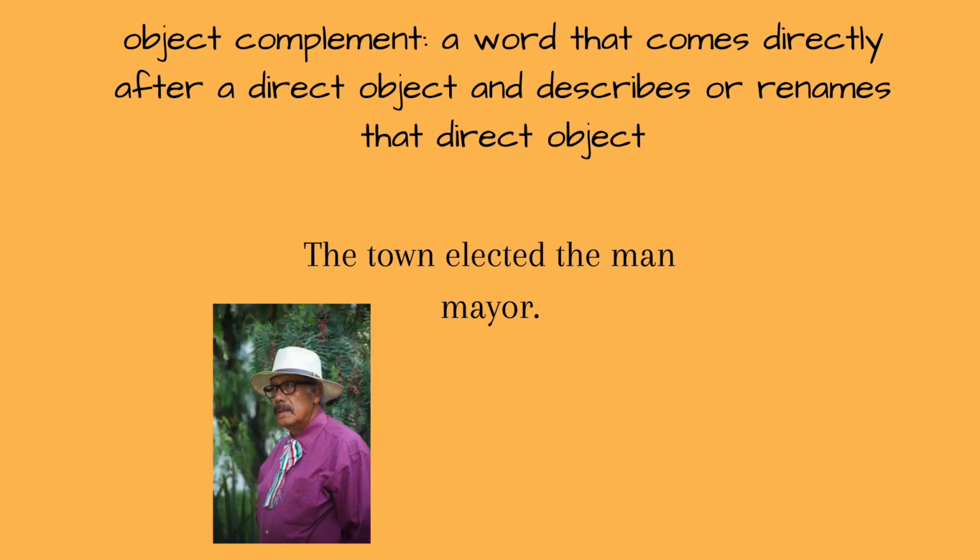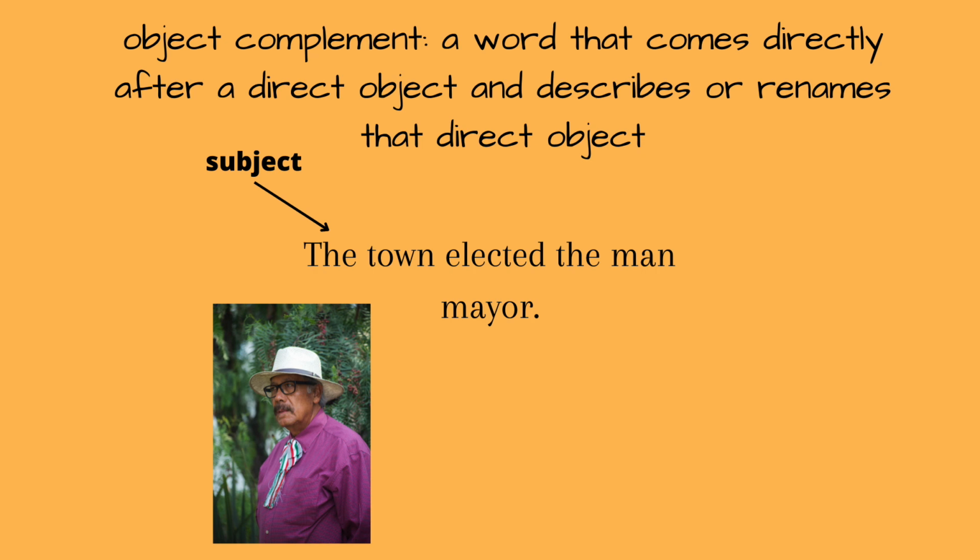The town elected the man mayor. What is the direct object? We must identify the direct object in order to identify the object complement. The town is the subject. The town elected. Elected is the verb or the action in this sentence. And the thing that is being acted upon in this sentence is the man.